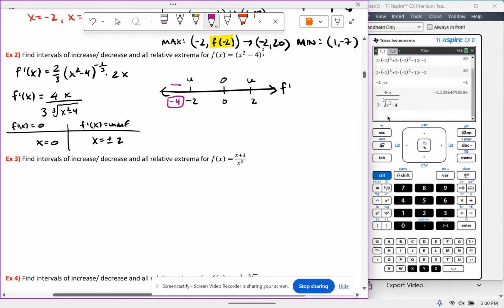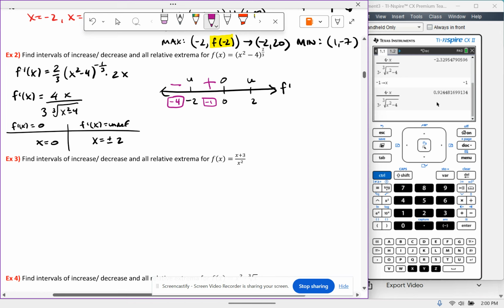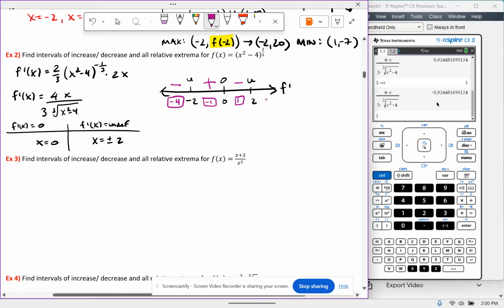Negative. Let's pick something in between -2 and 0, -1. Oh. Hi. Pick something between 0 and 2. Negative. Pick something above 2.